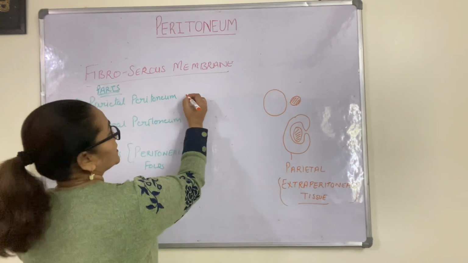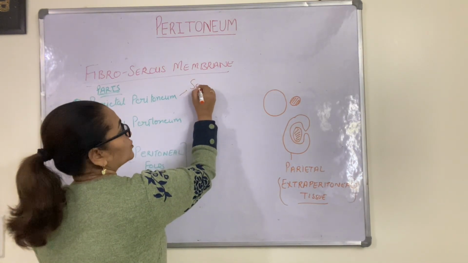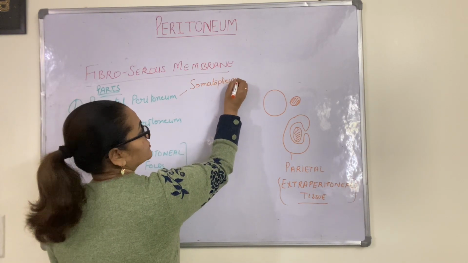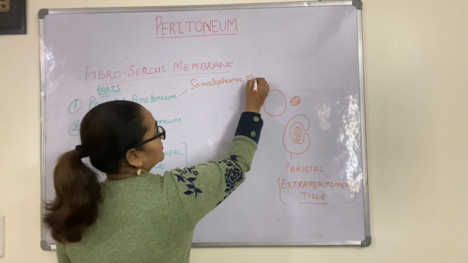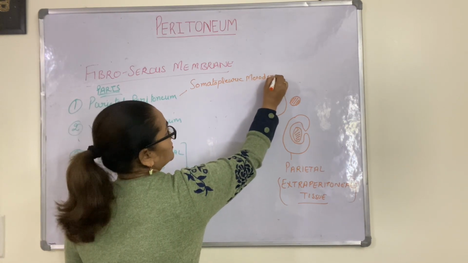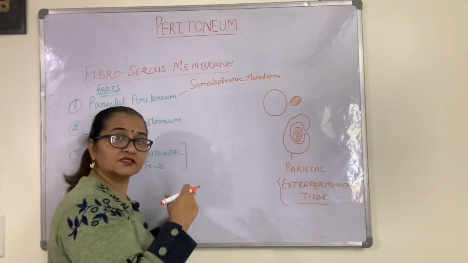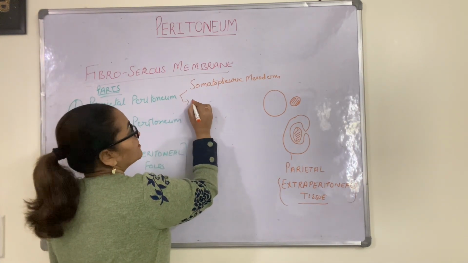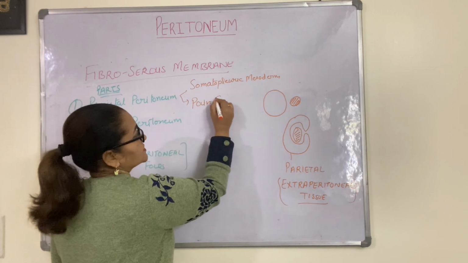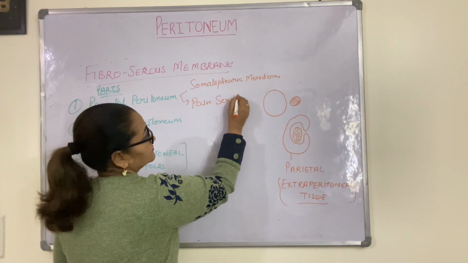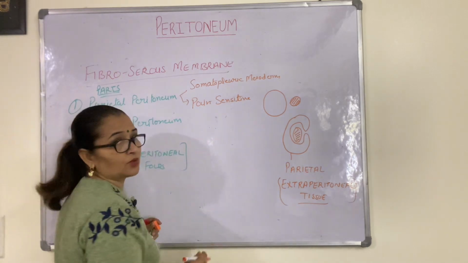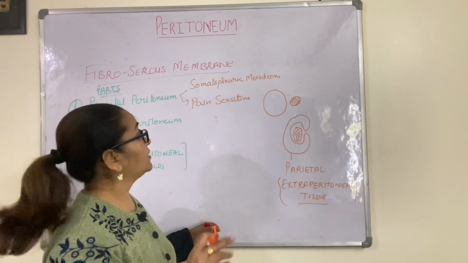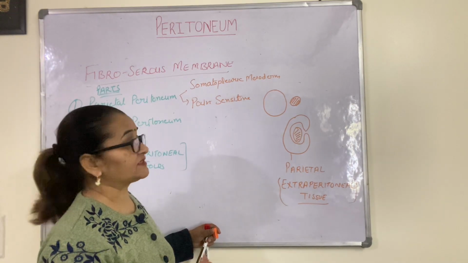It is developing from somatopleuric mesoderm, which is lining the inner surface of the abdominal and pelvic cavity, and it is pain sensitive. This is important because it is close to the body wall, the parietal portion of the body wall. So it is pain sensitive.